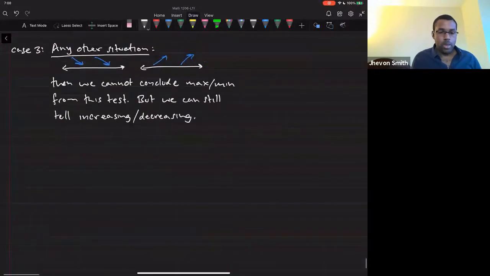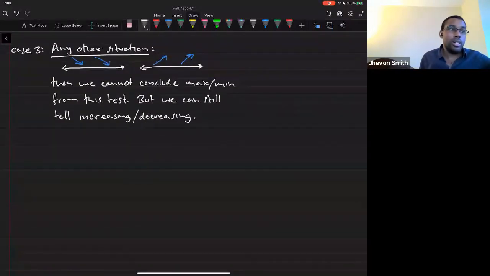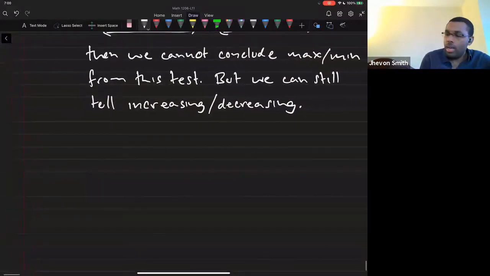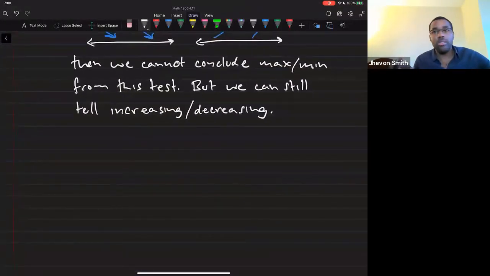And the concavity test is pretty similar, except you use the second derivative, and this time the positive and negative tells you something else.